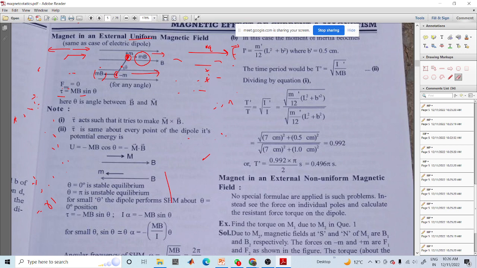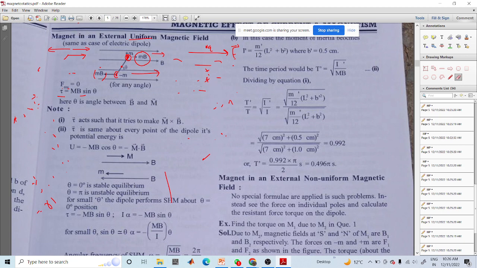We know this from the class 11 chapter. This magnetic dipole moment will oscillate like this, and when it starts oscillating, we say it is SHM. Then there will be a time period, meaning after a period of time it will repeat its position.